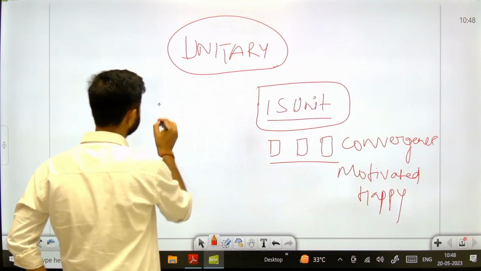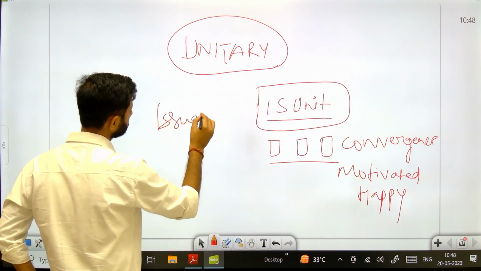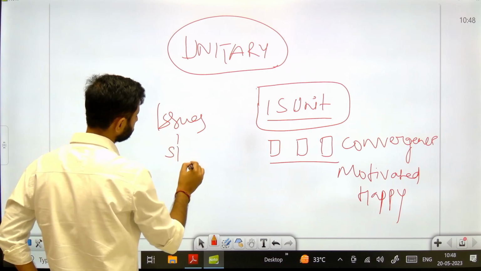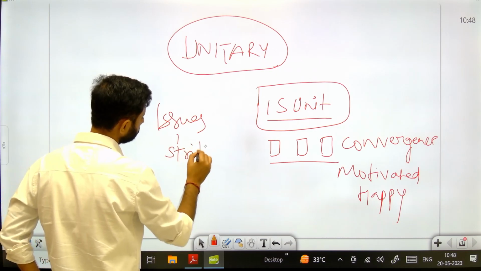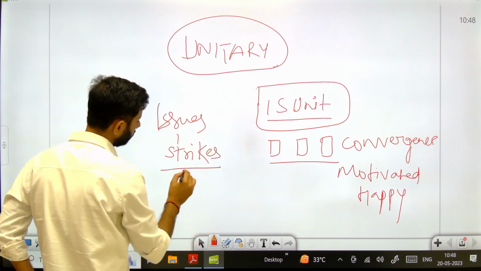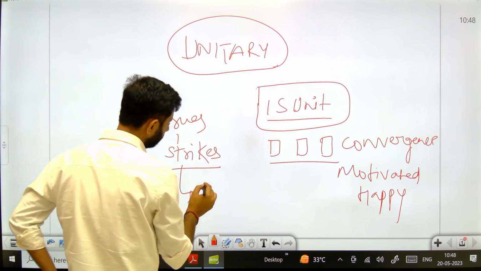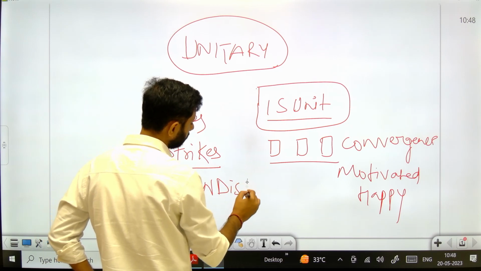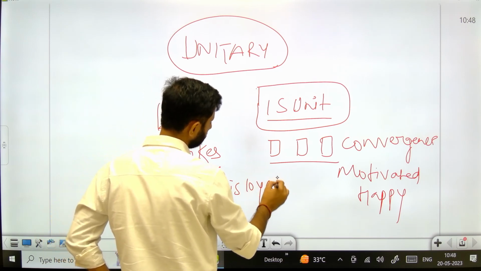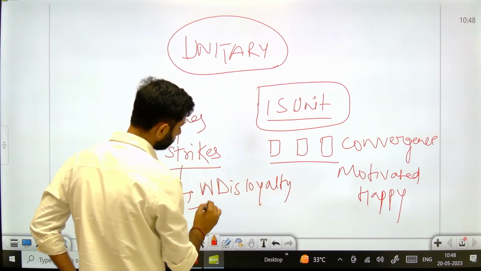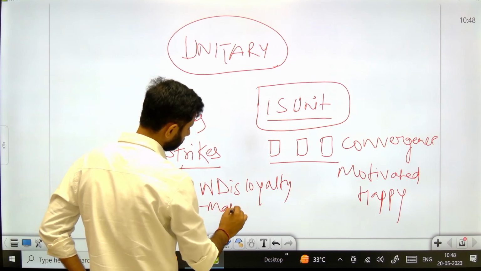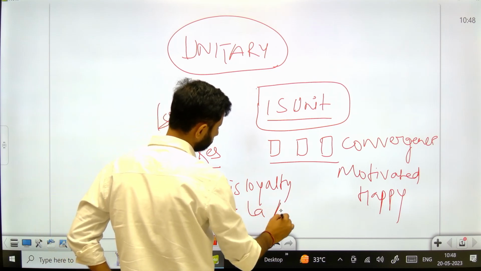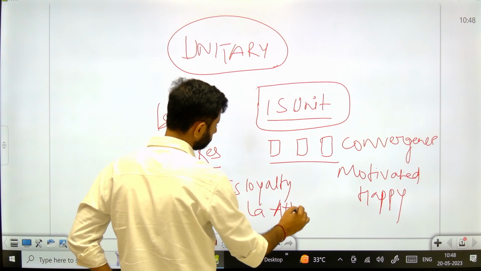and the issues, even if they arise, like strikes, arise as part of workers' disloyalty or management's lackadaisical attitude towards workers.